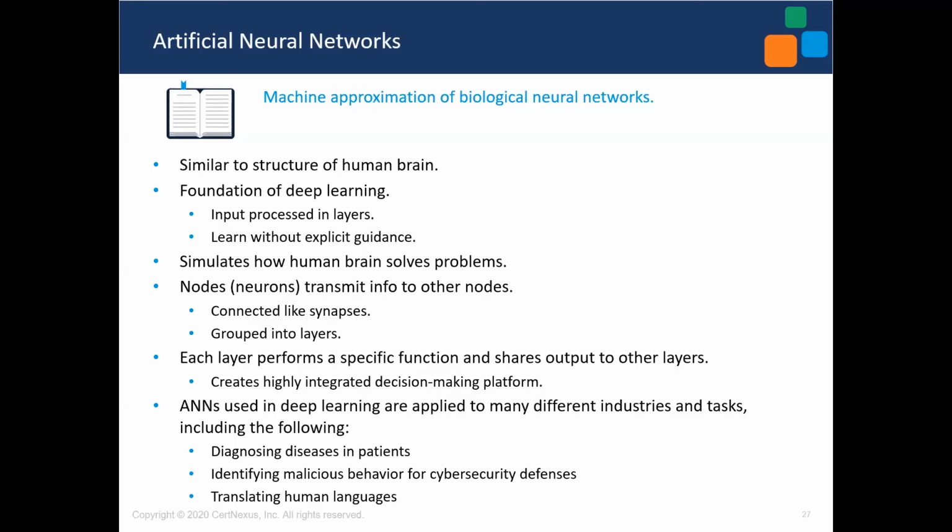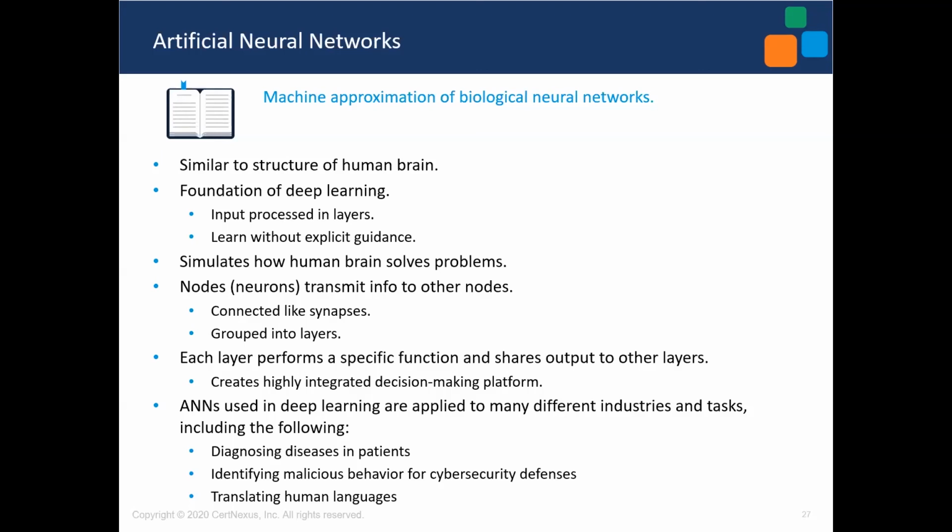These nodes are going to transfer information through these layers, and the layers are going to perform specific functions, with each one of them becoming typically more complex. ANNs are used in many different industry sectors, performing a huge number of tasks, everything from diagnosing diseases in patients, right? We're even seeing this in our current health crisis with COVID-19.